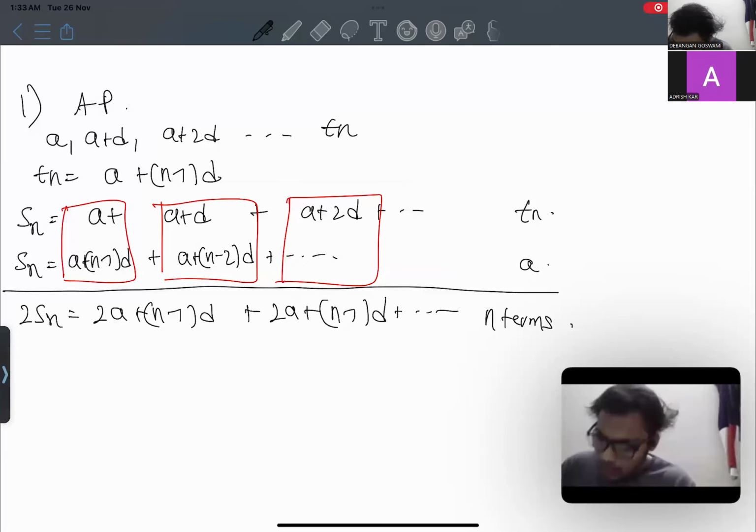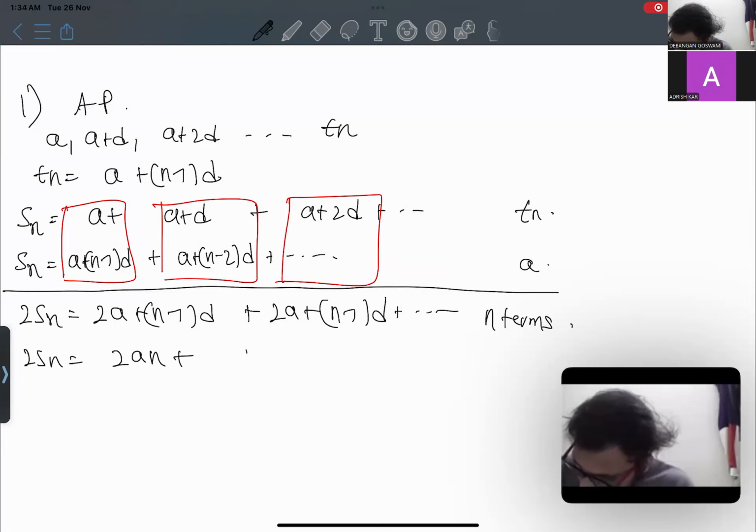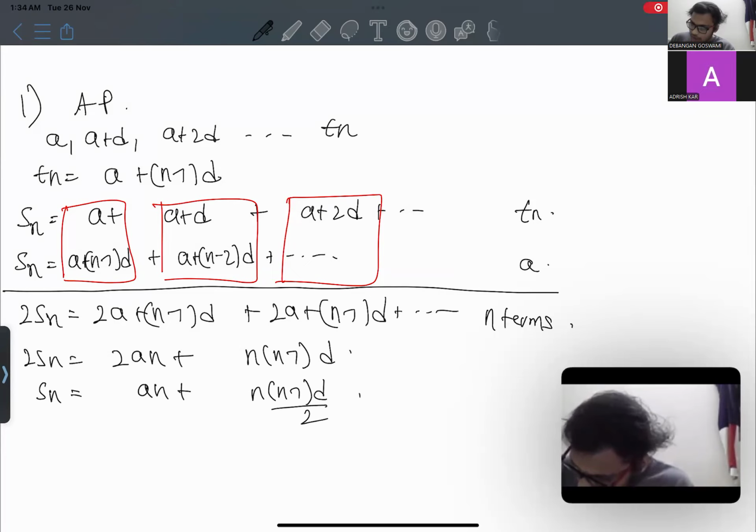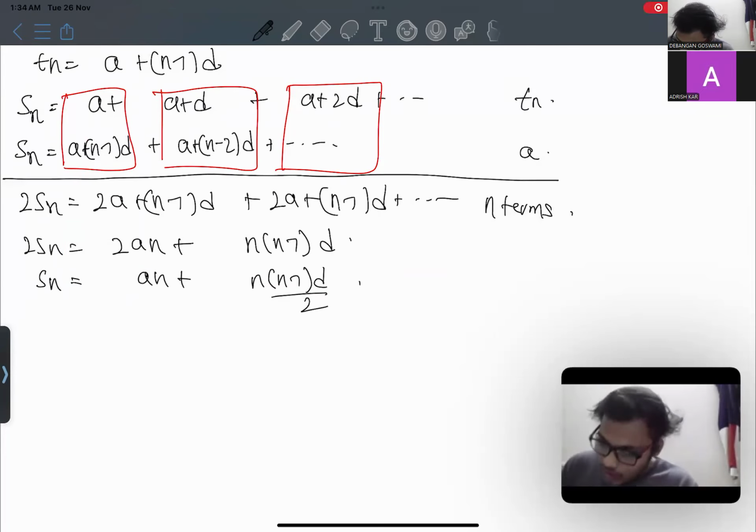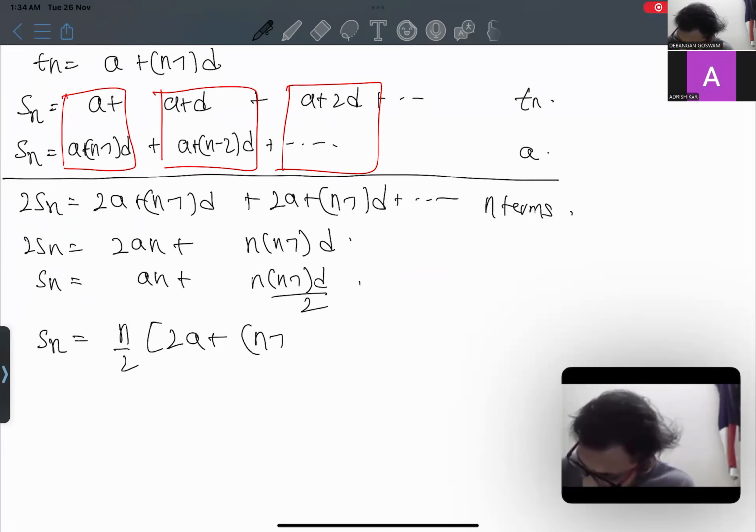So 2Sn can be rewritten as 2An plus n into (n minus 1)D. Right, guys? So Sn is obtained as (2An plus n into (n minus 1)D) by 2. So finally, the form in which we are familiar with is Sn is n by 2 into (2A plus (n minus 1)D), which is also n by 2 into (first term plus last term) of the progression.